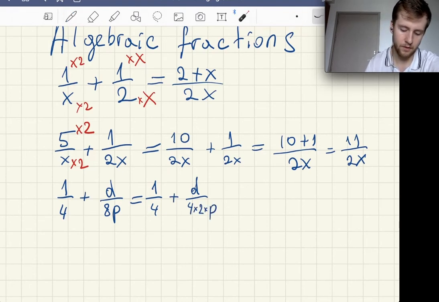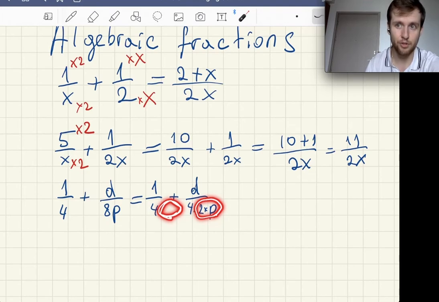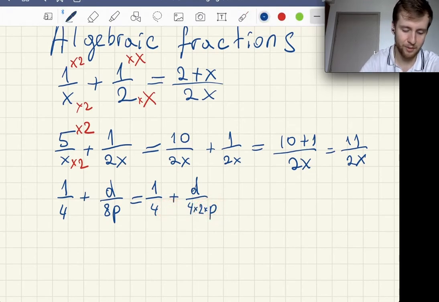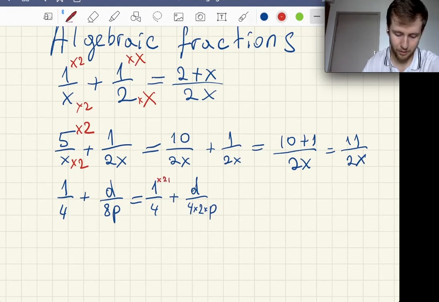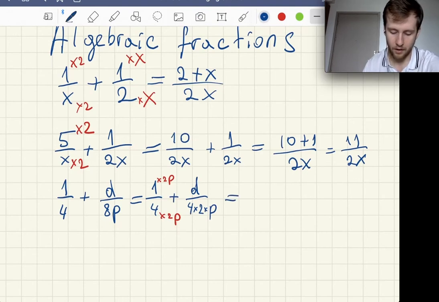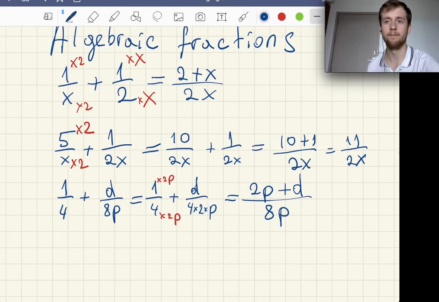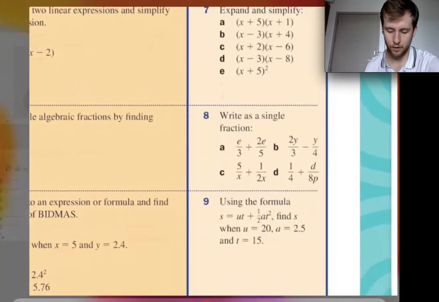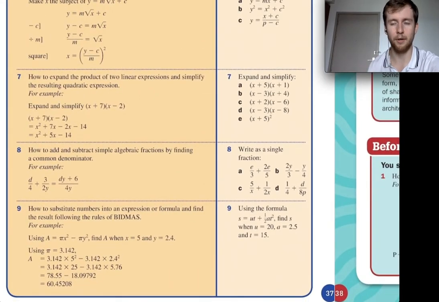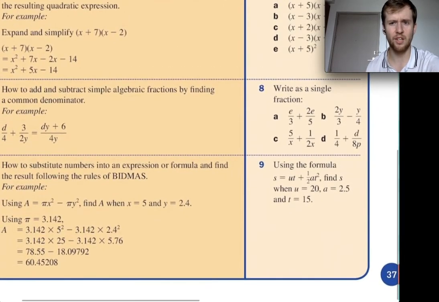This way we can see that 2 and p are not present here, but they should be. So we have to multiply this by 2 and by p, so times 2p. The answer is going to be 1 times 2p, which is 2p, of course. So we have 2p plus d divided by 8p. That's it. This is it for fractions. I think we will go more in detail about this later, because this topic you will see a lot.